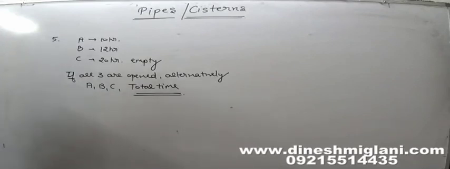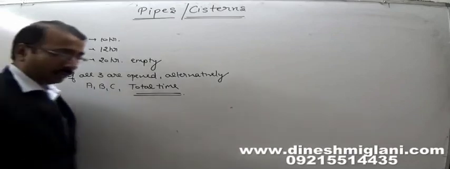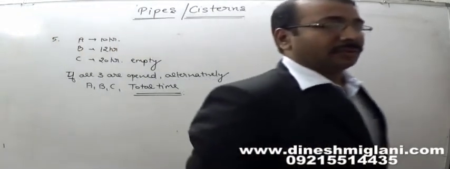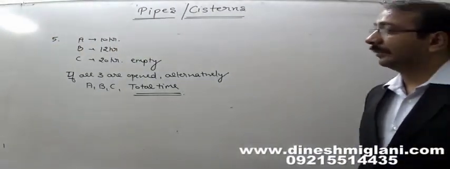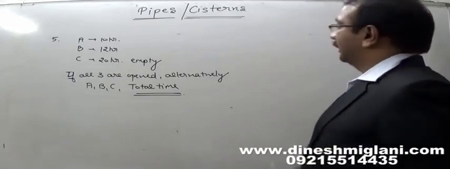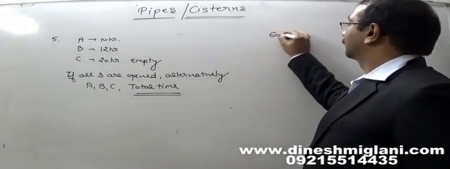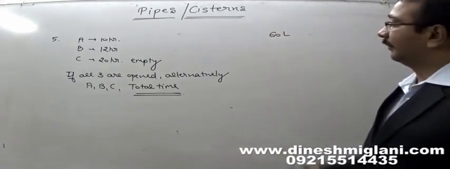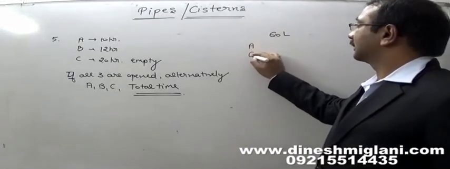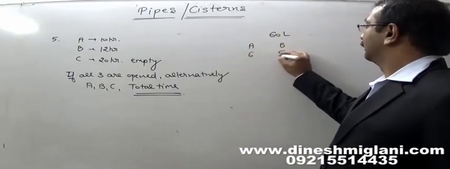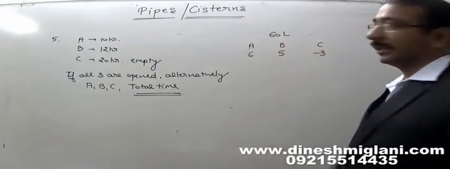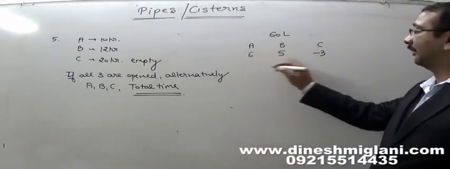In the alternate type question, as I told you earlier in the topic of time and work, we have to take the LCM of 10, 12 and 20. We know that the LCM of 10, 12 and 20 is 60 liter. Now in 1 hour, A fills 6, B fills 5, C empties 3. 6 plus 5 is 11, minus 3 is 8.